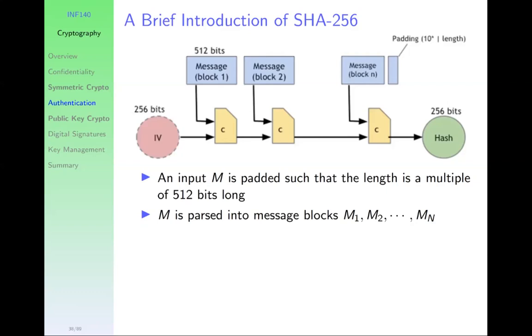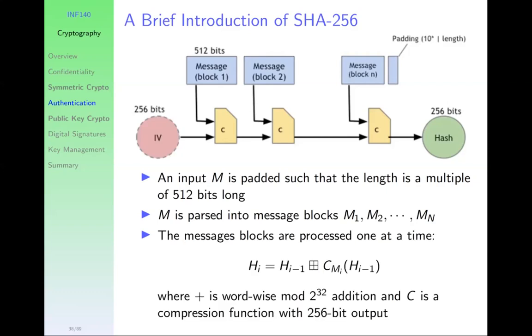And here, as you see from the text, the original message is divided into n blocks, and this C is the compression function. It takes mi and hi minus 1 as input. Here, I shouldn't use this one.